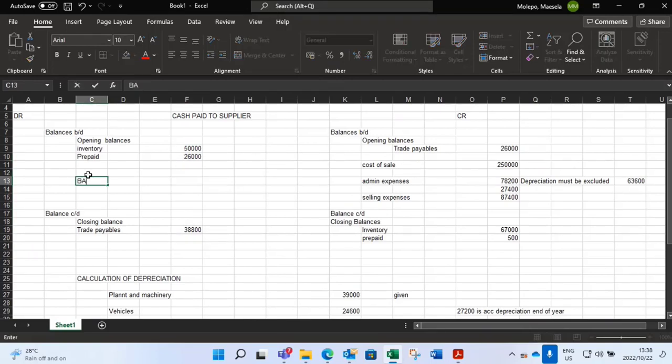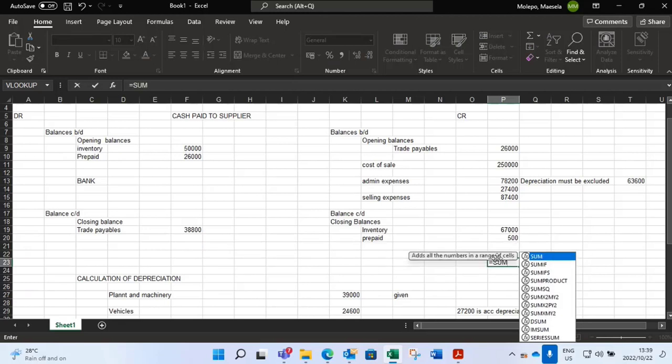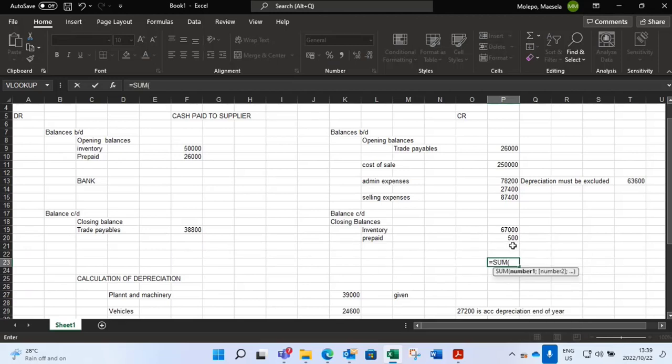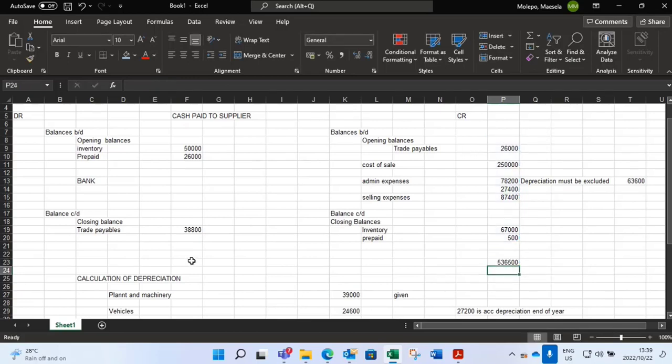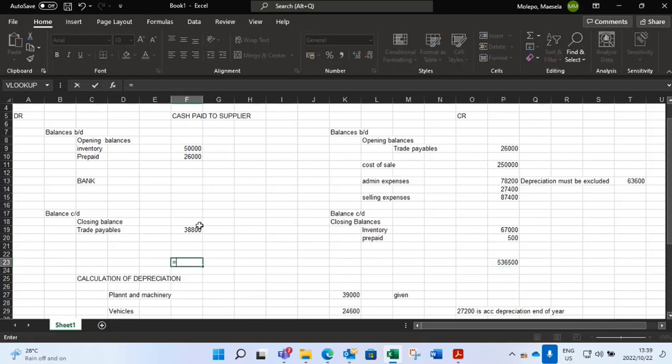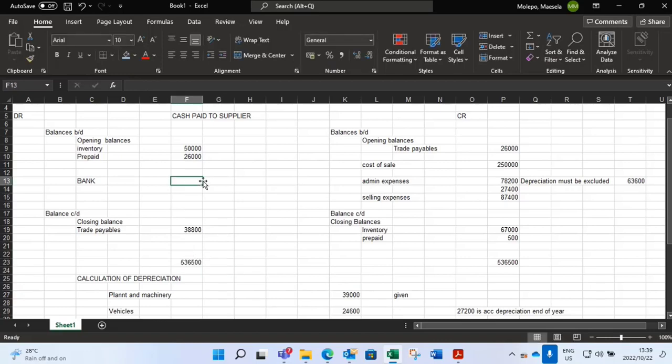So we put it as bank. Then you say equal this minus this.